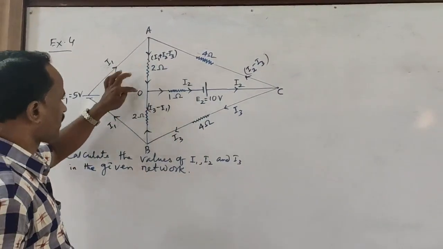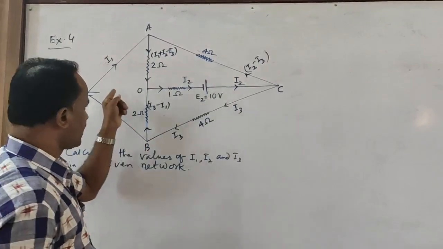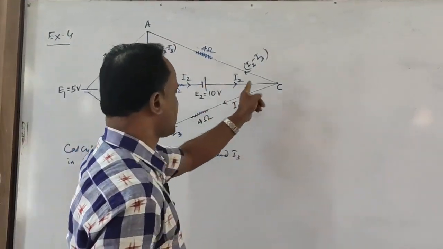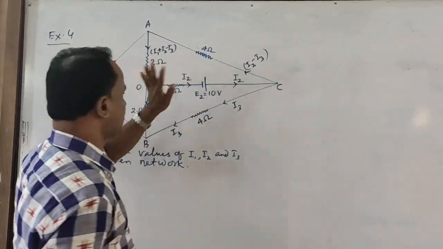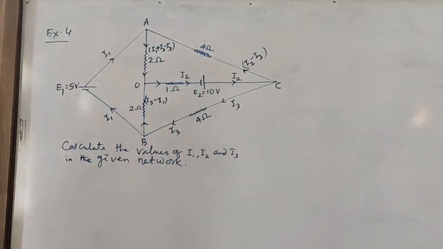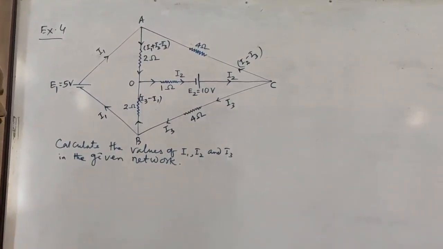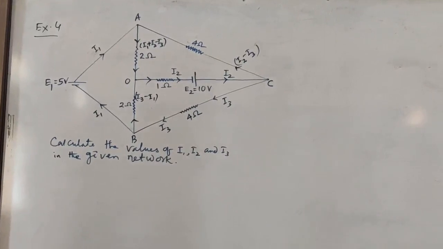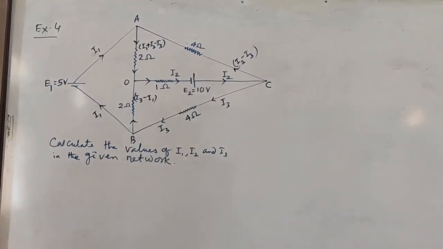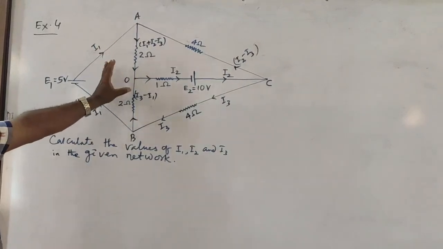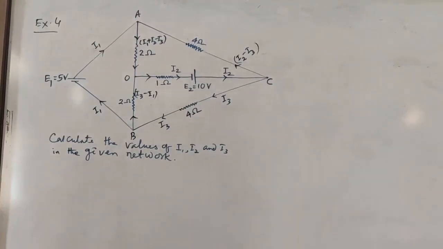The total current then flows across the cell as I2, because I2 is drawn and enters the cell. This is the distribution of current already given in the question. You can find the values of I1, I2, I3 by applying Kirchhoff's voltage law, the second law.